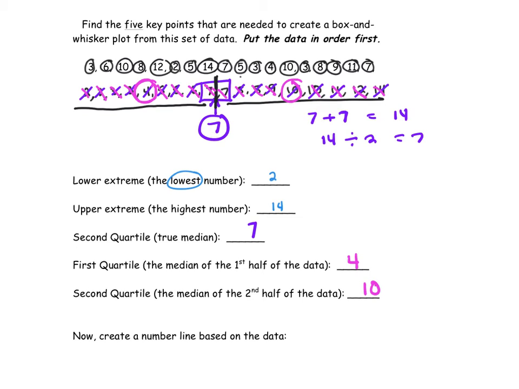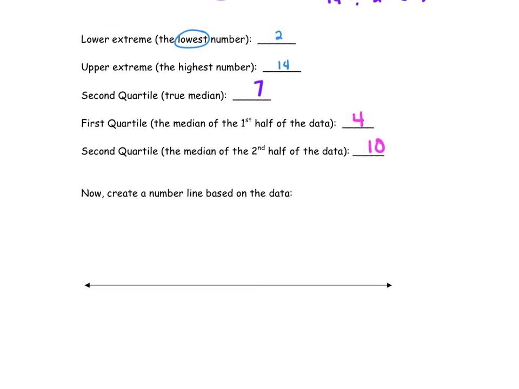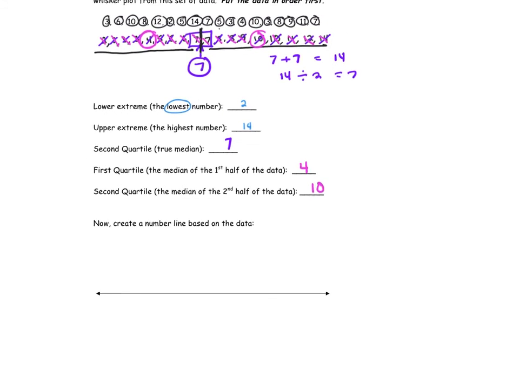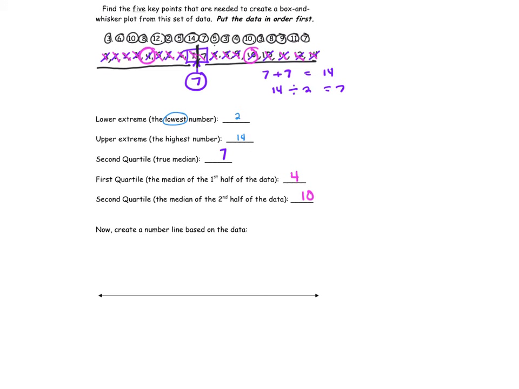Before we build the line, though, let's look at what the range is. It goes from 2 up to 14. So when we look at the number line that we're going to build, we're going to base it on the actual numbers. And I see from 2 to 14. So we would be able to use either a scale of 1, which would be best, because that's the most accurate, or we could build a scale of 2, like 2, 4, 6, 8, or we could build a scale of 5.